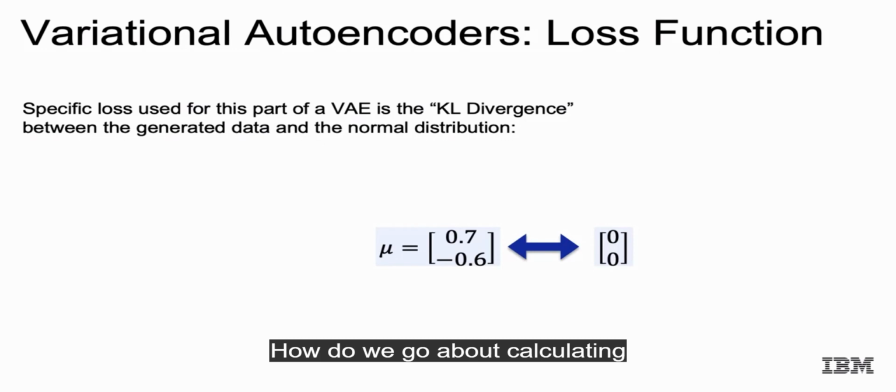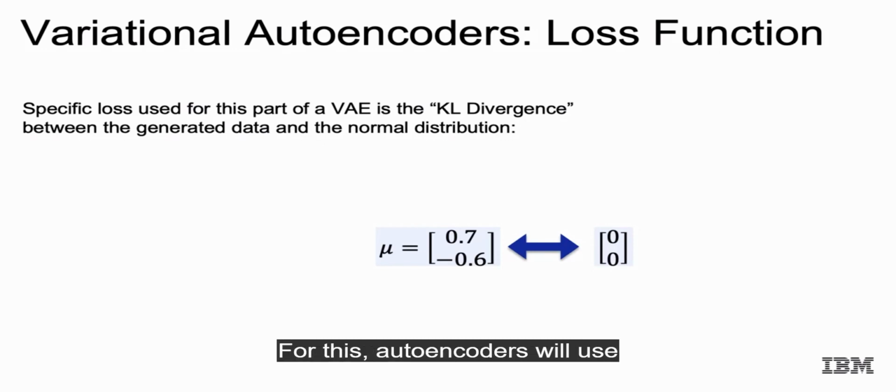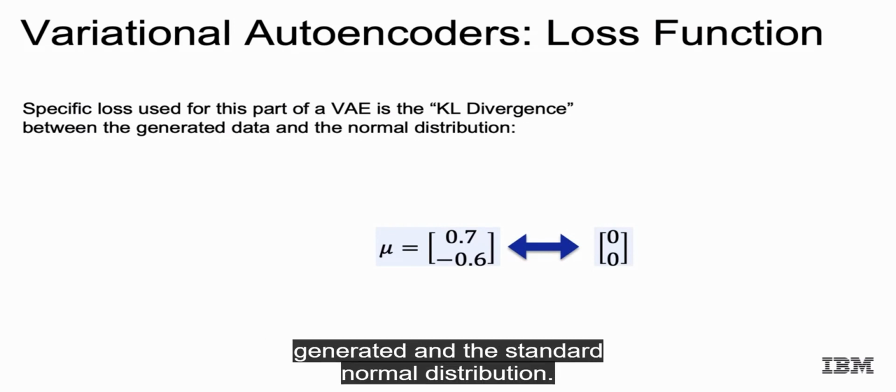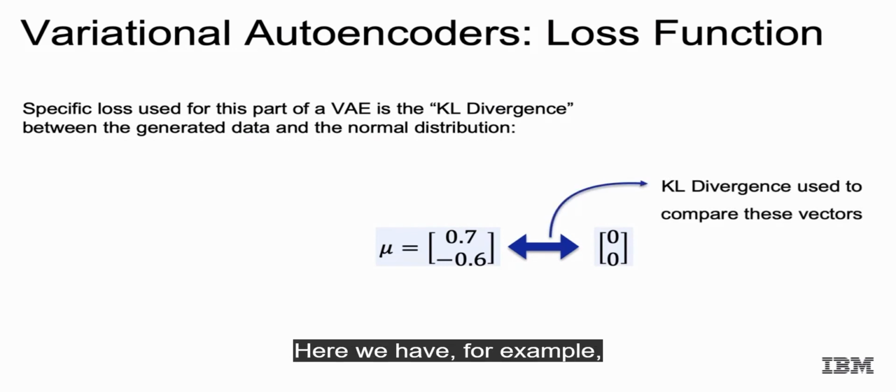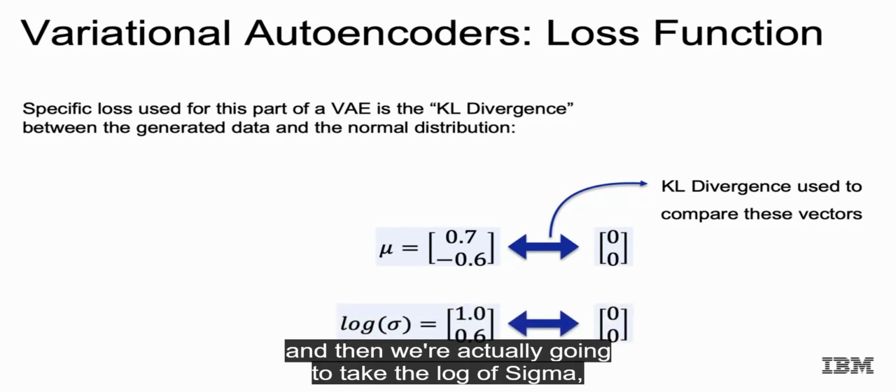So how do we go about calculating that second component of our loss function? For this, autoencoders will use something called KL divergence between the data that we generated and the standard normal distribution. So here we have, for example, our mu values versus a mu of 0. And then we're actually going to take the log of sigma.